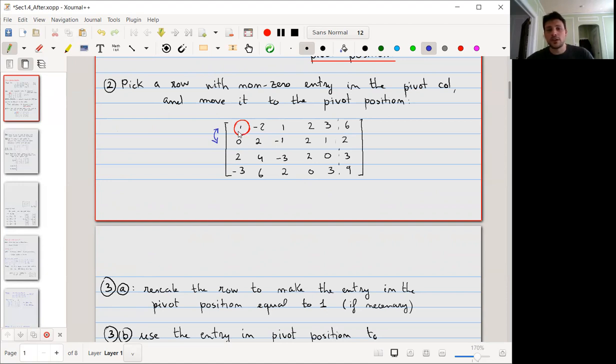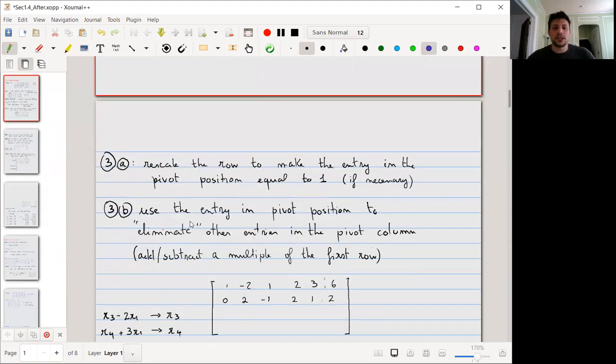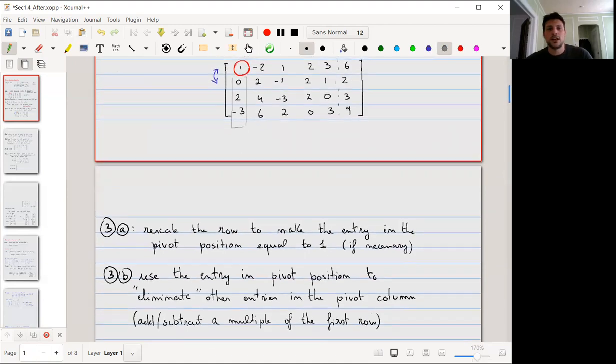In this case, it's already a 1. So step 3a does not affect this case. We can jump to step 3b of Gaussian elimination, which, as I mentioned, has as its goal eliminating all of the entries in the pivot column that aren't our pivot position. Let's see how to do that.